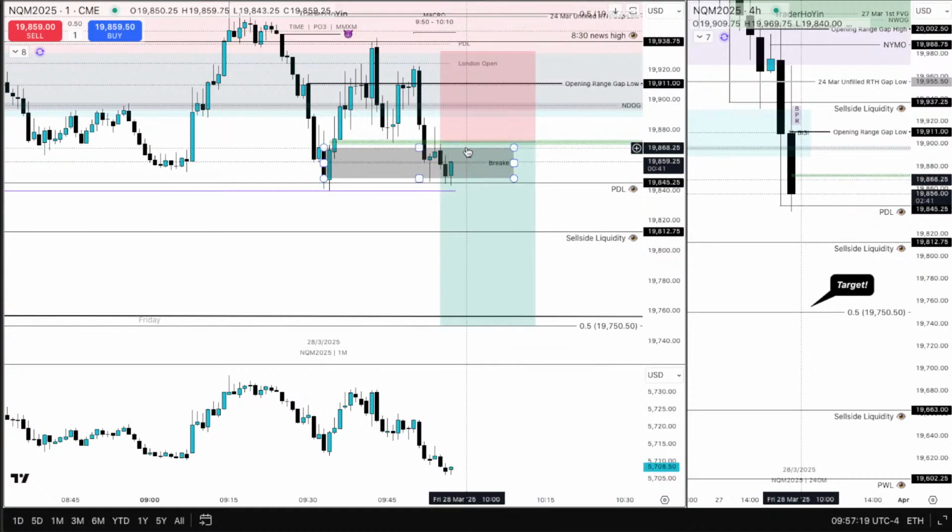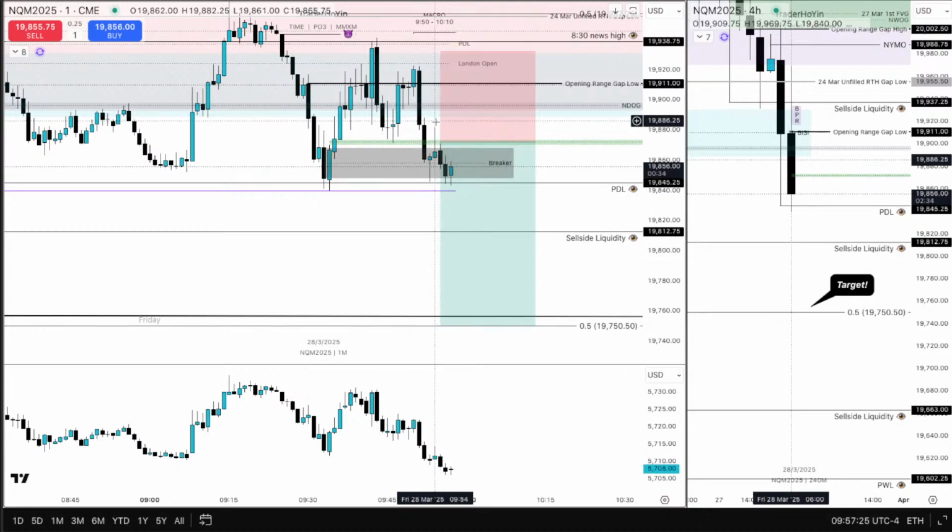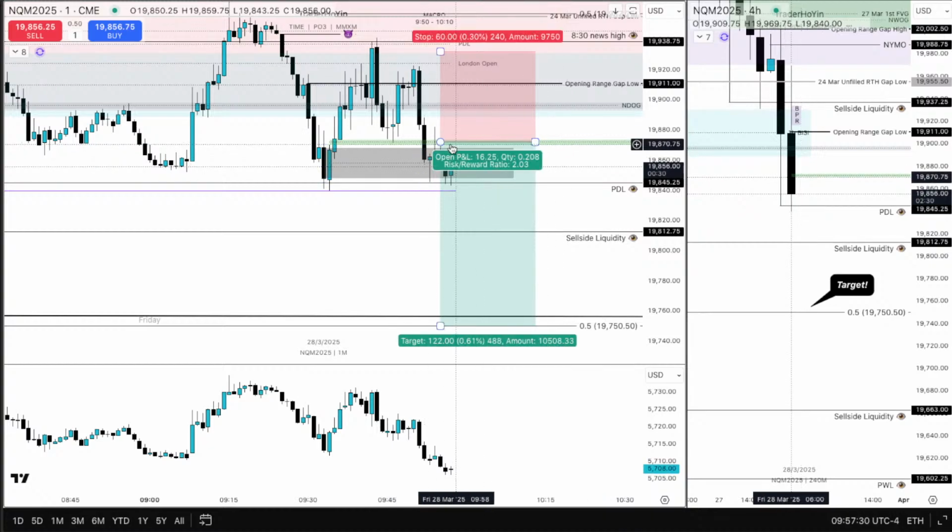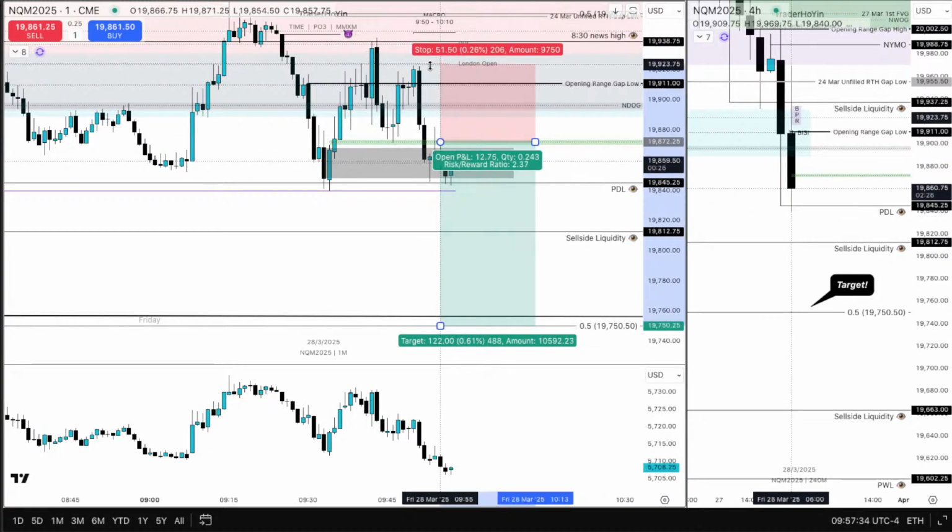If there was news, see that 9:54 candle, it wicked into this first presented fair value gap, right? That's your short. You can put your stop loss above this swing high here and then aim for this.